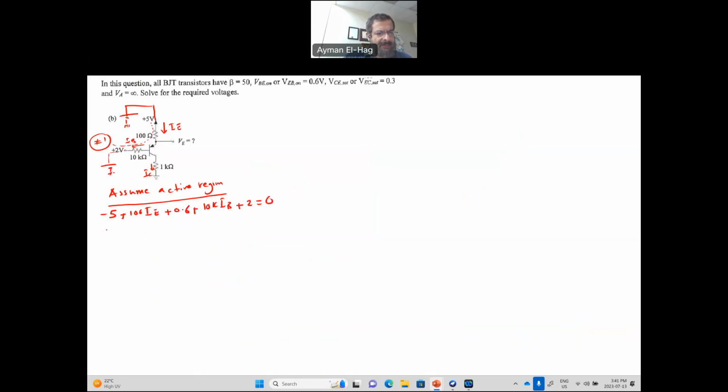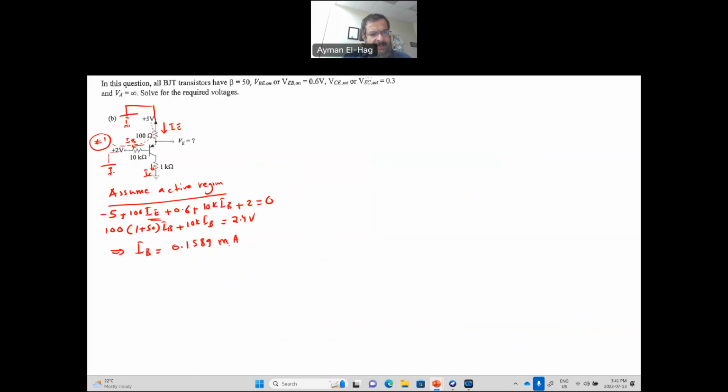Now IE is nothing but 1 plus beta times IB. So this is equal to 1 plus 50, times IB, plus 10K IB, equal to 2.4 volt.